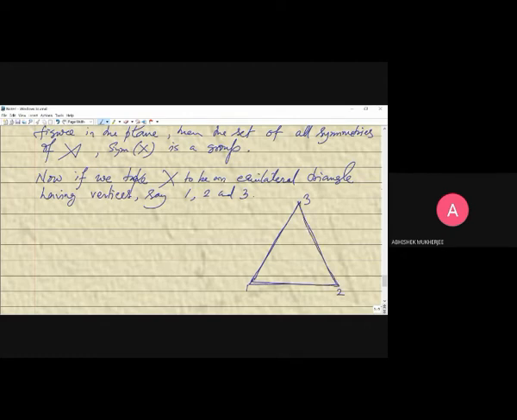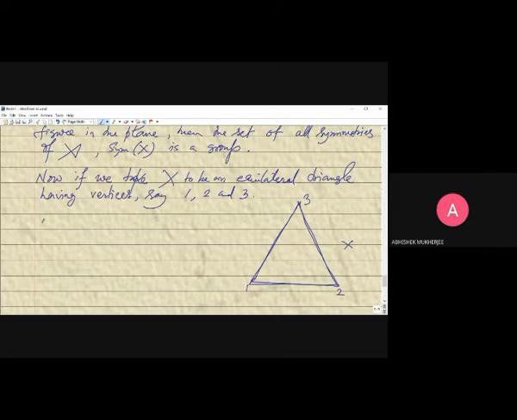So this is your set X, and we are looking for the symmetries of X, that means the bijections from X onto X which preserve the distance.